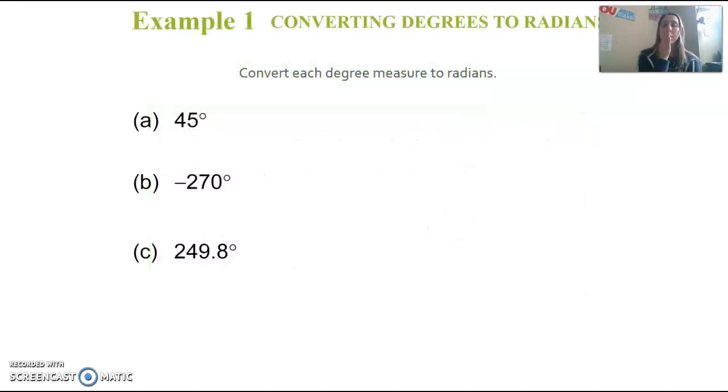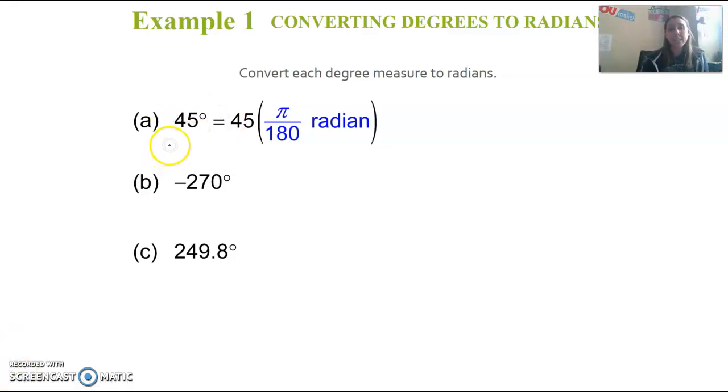Let's do some work. So we're going to multiply 45 degrees by pi over 180. We're going to leave this in terms of pi, so we can't just type this in our calculator. We're going to get 45 times pi over 180. We need to simplify these numbers. So I'm going to end up with something over pi.